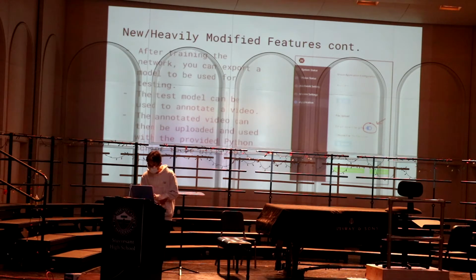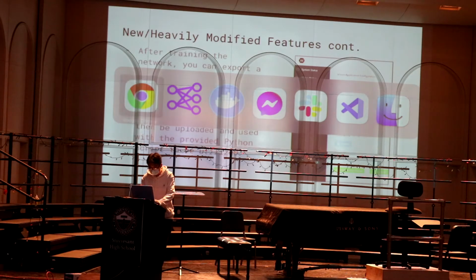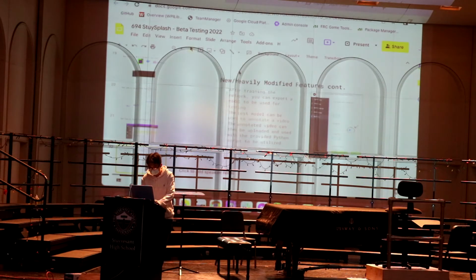And then you can upload it on the website, and they give you a Python script that you can run in addition to this that will provide real-time data. So it's an alternative to Limelight or other reflective tape and camera systems like that.